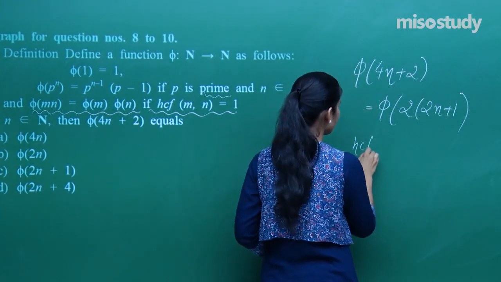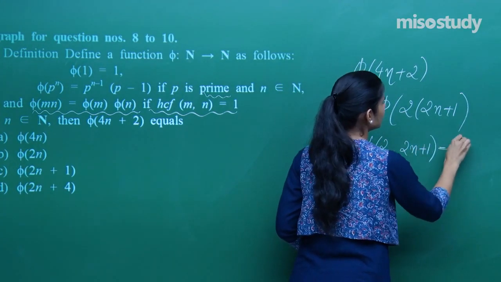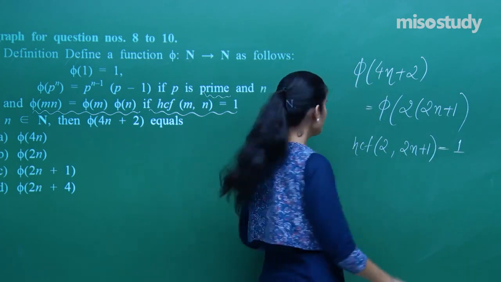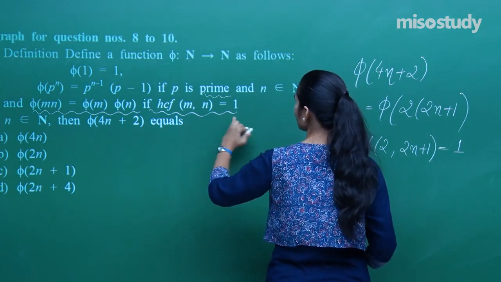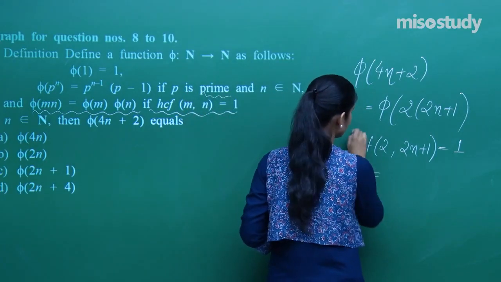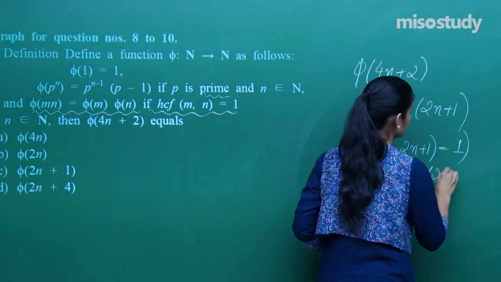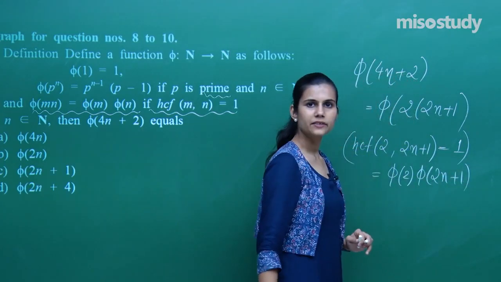I know that HCF of 2 and 2n plus 1 is 1. Because HCF of 2 and 2n plus 1 is 1, phi of 2 into 2n plus 1 is phi of 2 into phi of 2n plus 1. It's given in the question.